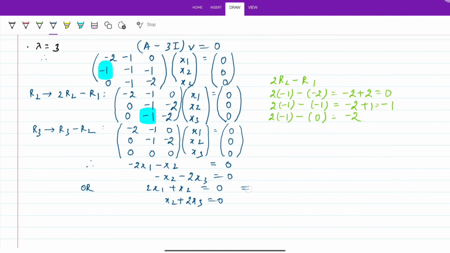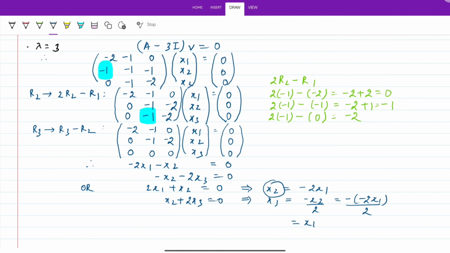From the first equation we get x2 is equal to negative 2 times x1, and from the second equation we get x3 is equal to negative x2 upon 2, and substituting the value of x2 from here we get negative of negative 2 times x1 upon 2, which gives us x1.